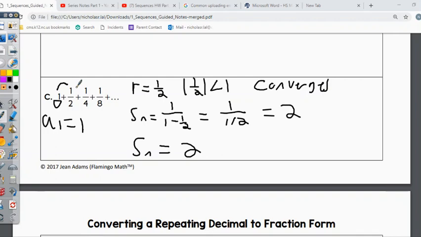If you add all of the terms, and your r value, which is the value that you multiply for each term, has absolute value less than 1, then it will converge. It will converge to A1 over 1 minus r, but only if the absolute value of r is less than 1. And r is just what you multiply to get to the next term in the sequence.